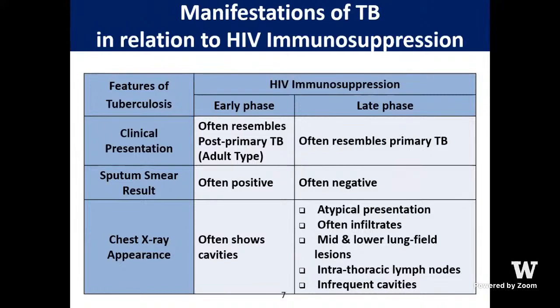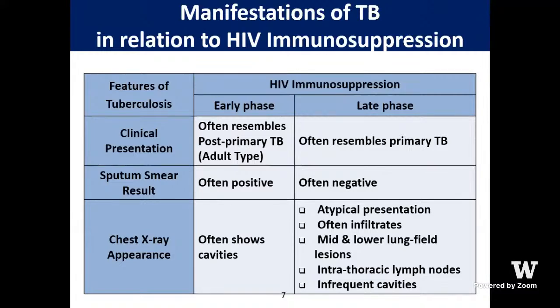Here also in late HIV, mid and lower lung field. Then lymph nodes, like mediastinal lymphadenopathy and superior mediastinal widening, and cavities may be infrequent. There can be effusion, parenchymal lesion and node involvement, all three together in a chest X-ray. So these atypical presentations are common in late HIV phase.